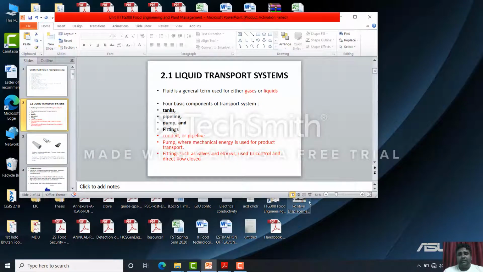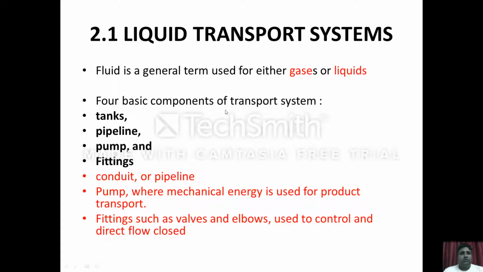Okay, so as I said, it has tank, pipeline, pump, and fitting. Before starting this, I'd like to brief you about the fluid. The term fluid is generally used both for gases as well as liquid. In case of pipeline, we generally use a particular term, conduit. If the conduit is round, then we say it is a pipe, and if it is not round, then we say it is a duct.